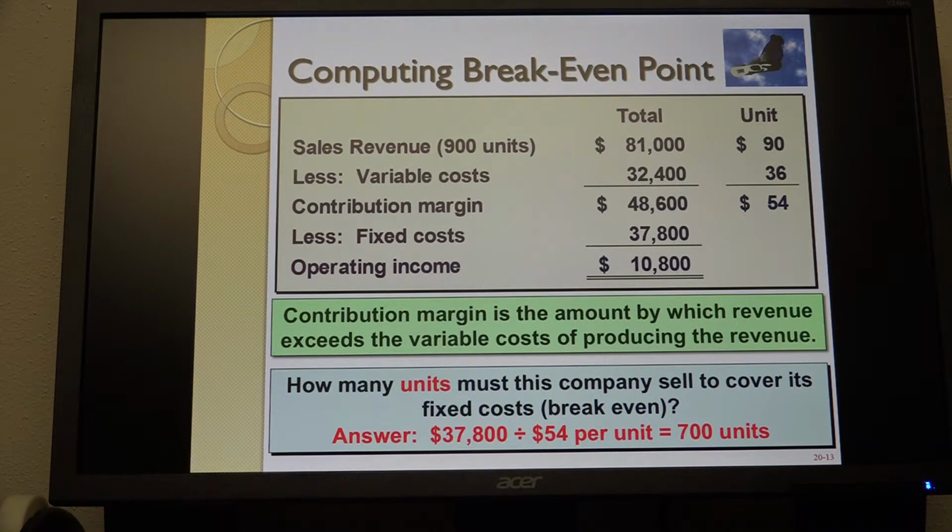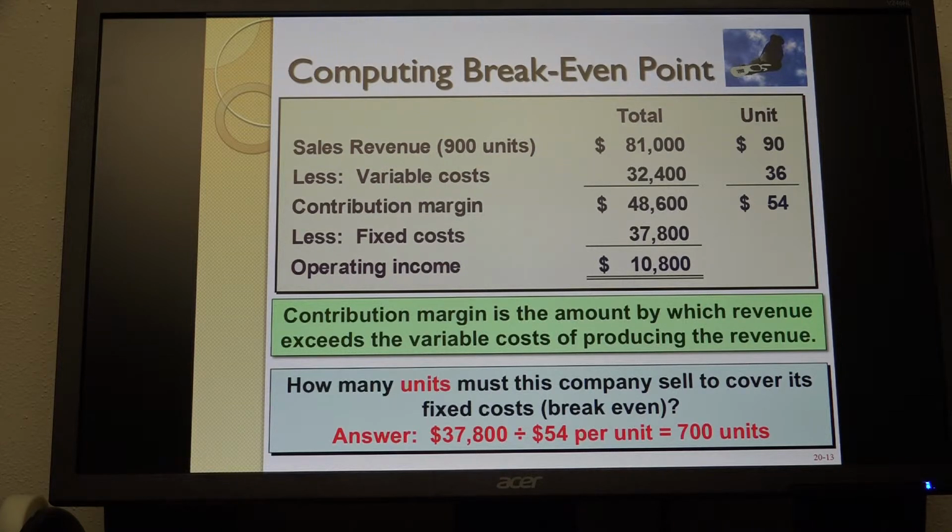So we've got to figure out how many units to sell to have a contribution margin of exactly 37,800, because at that point, contribution margin of 37,800 less fixed cost of 37,800 equals 0 operating income, thus break even.